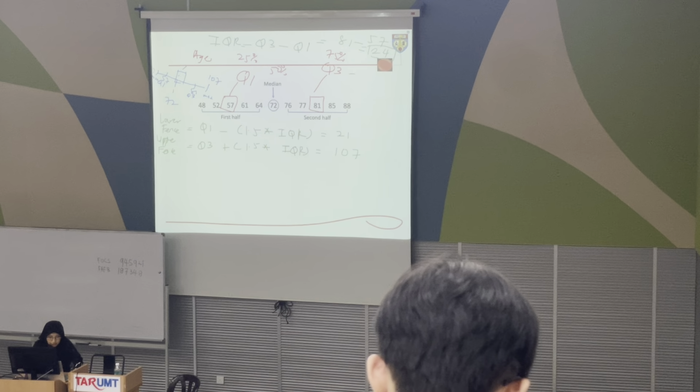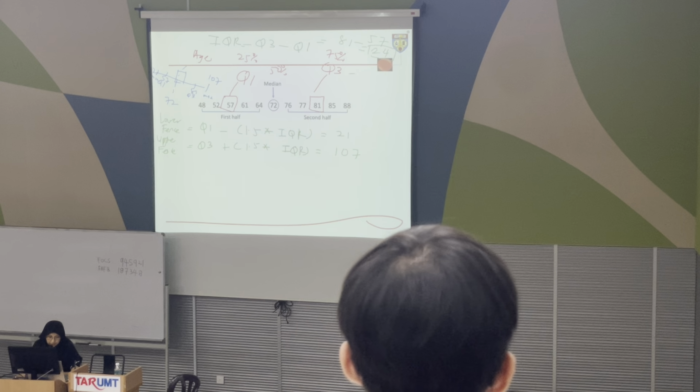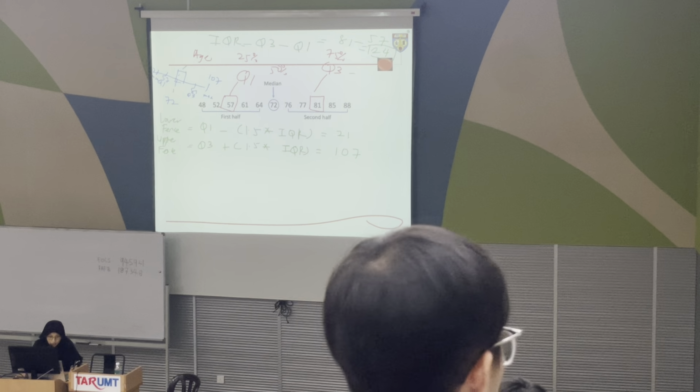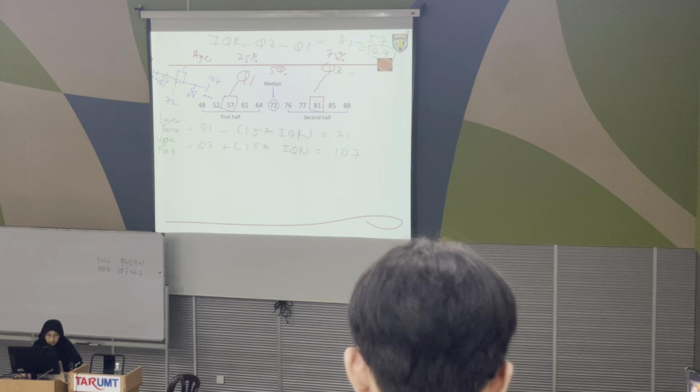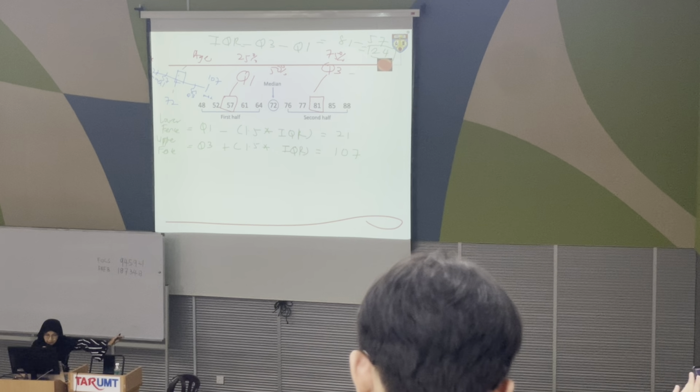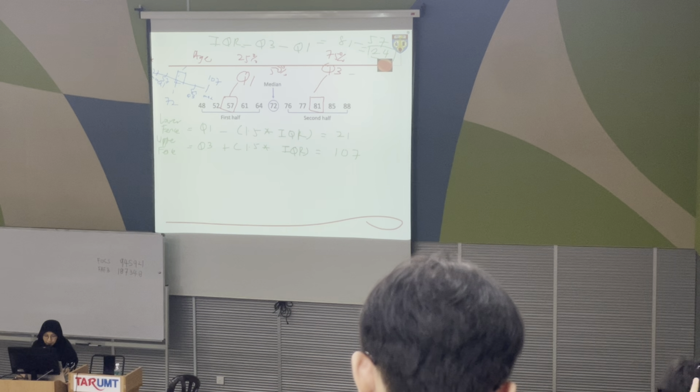So based on this data set, there are no outliers, right? The minimum value is 21, so outliers should fall at values less than 21, and also values more than 107.